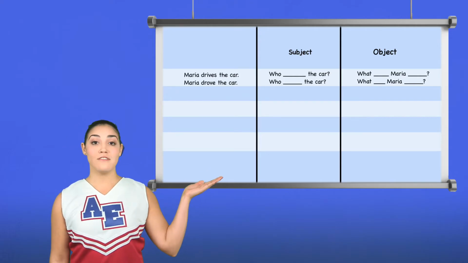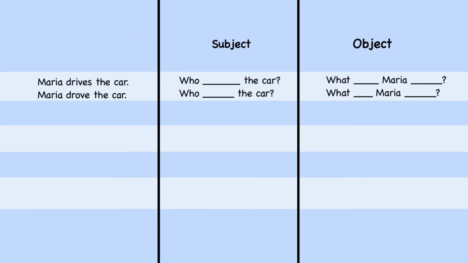Now you try it. Make questions for each subject and object in these sentences in the present and the past. Here is an example. Maria drives the car. Who drives the car?